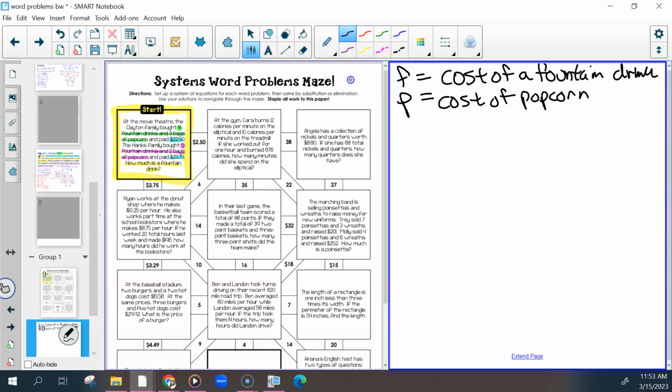Then we need to set up two equations. We have 6 numbers in this. All 6 will be used in your two equations. The 220, 2250, and the 2375 are your totals.